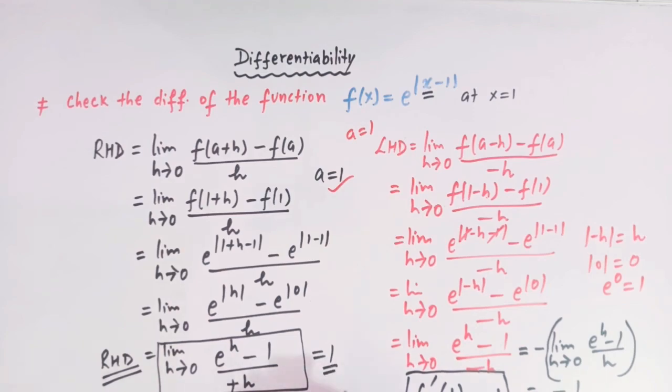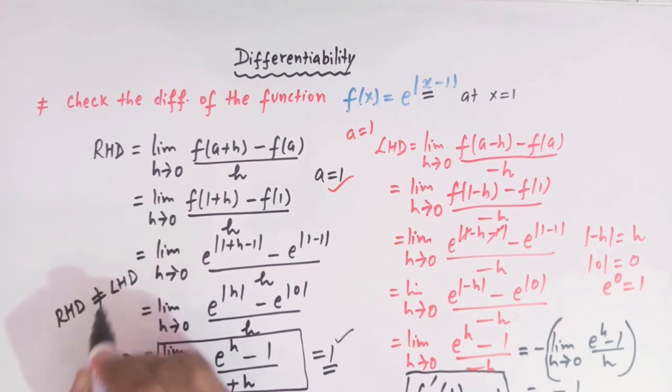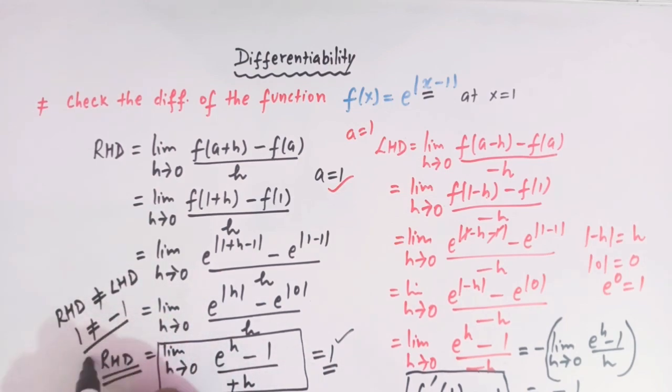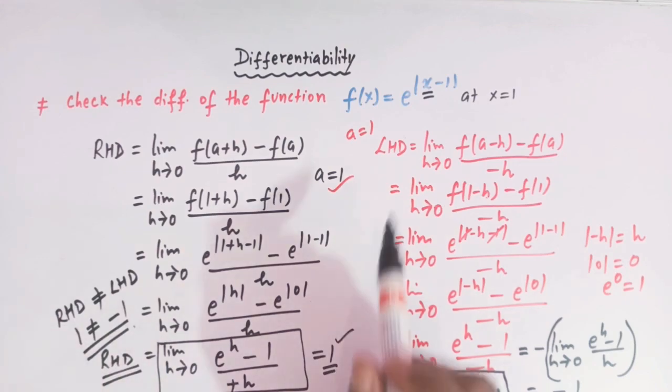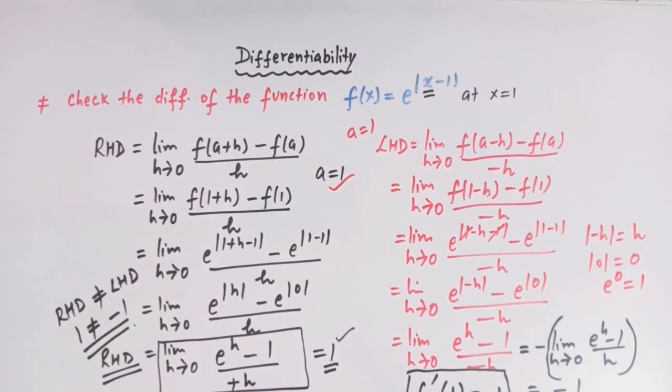And here we see that both the limits exist, and they are finite, but they are not equal, right? So the right hand derivative is not equal to the left hand derivative, that is 1 is not equal to minus 1. So we conclude that this function is not differentiable at x is equal to 1.